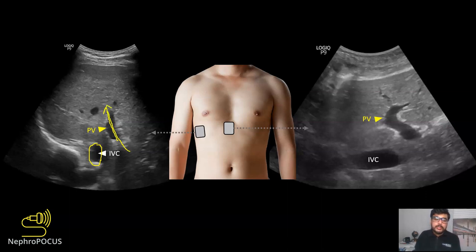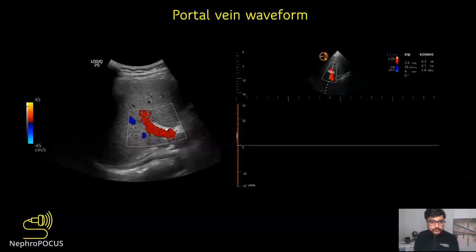In the subxiphoid view, once you find the IVC and hepatic vein, you fan the probe slightly towards the right, and then the portal vein would come into view like this. You can use either spot, but my favorite is always the right upper quadrant because you get less noise or less interference with the waveforms compared to the subxiphoid view.